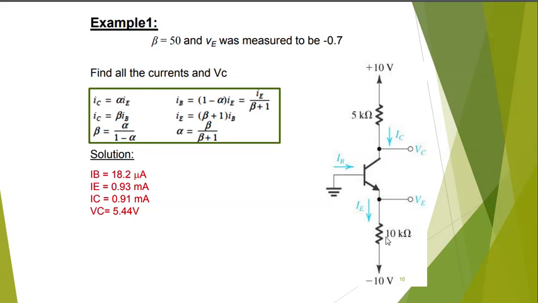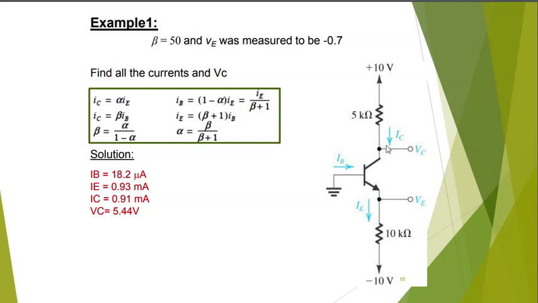Also there is a resistor at the emitter, and the emitter is also connected to a minus 10 volts battery. The base is grounded. The question here is to find all these currents, IC, IB, IE, and also find VC.